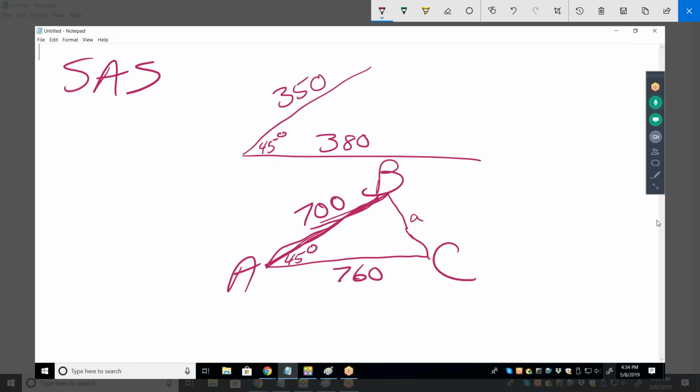So you could do the sine of A, big A, over little a, equal to the sine of 45 degrees over the side opposite it. What's that equal to?